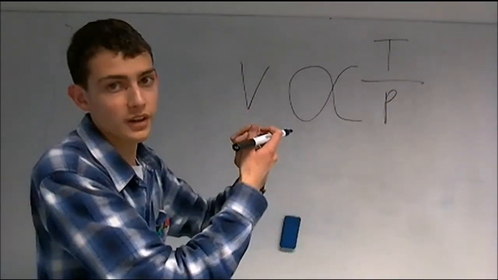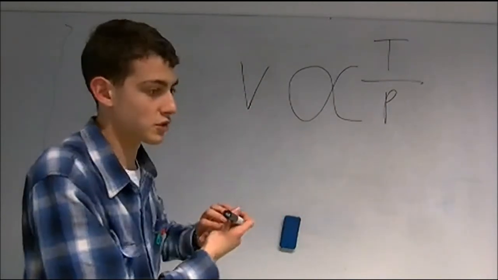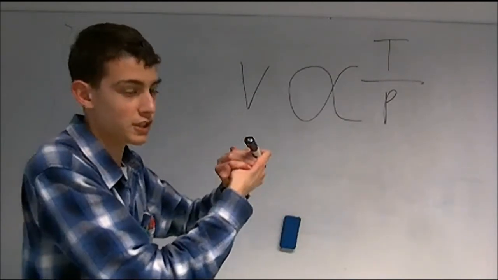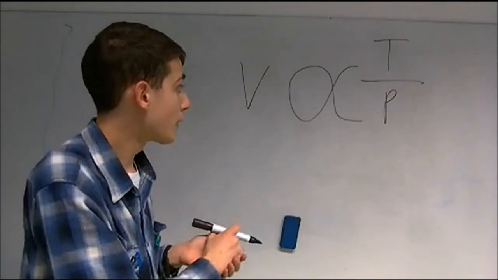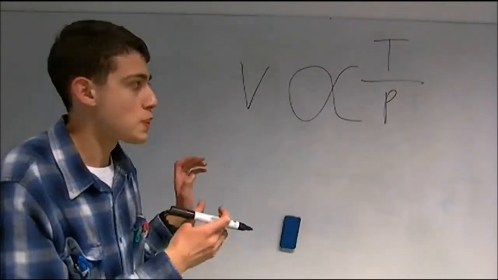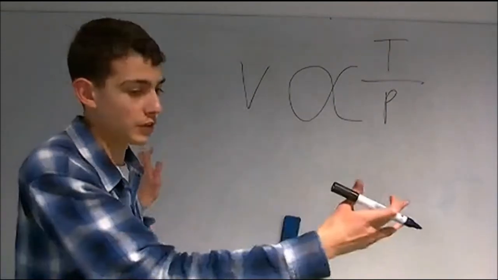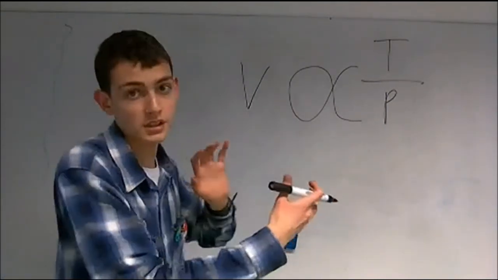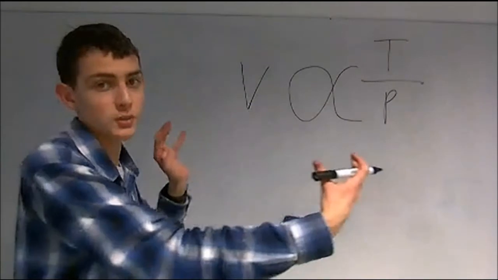You just press down on it, and the volume decreases as the pressure increases. Or you can increase the temperature, and then the volume will increase at a constant pressure, because when you heat something up, it's going to expand.